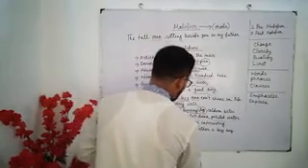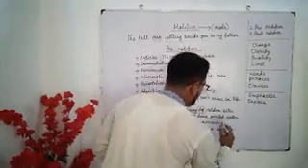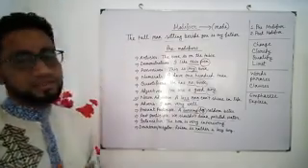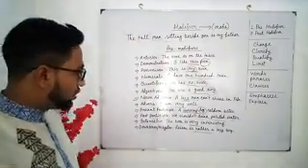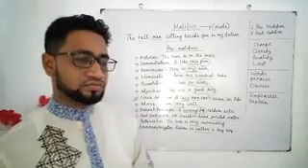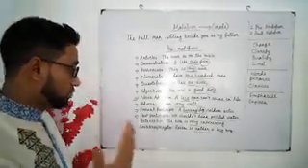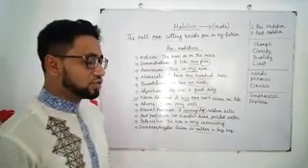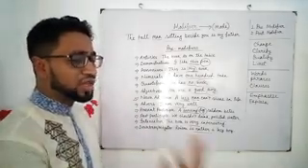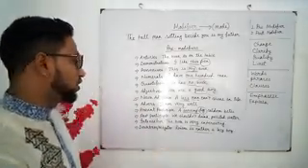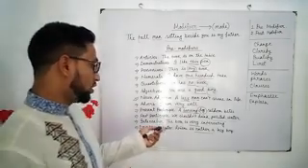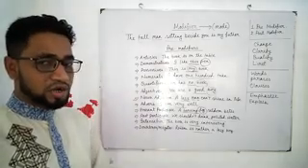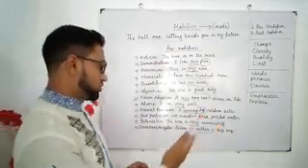The example is Rahim is rather a lazy boy. Here, Rahim is a lazy boy, but more, Rahim is rather a lazy boy. That means we are toning down the meaning of the sentence. Rahim is not a lazy boy. Rahim is rather a lazy boy.